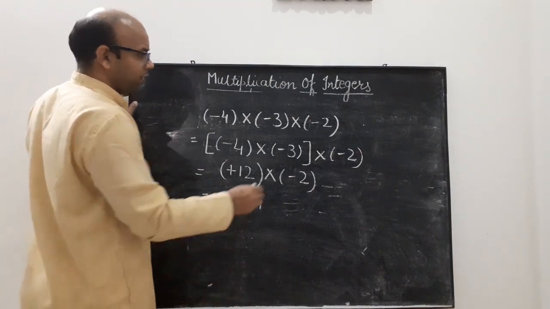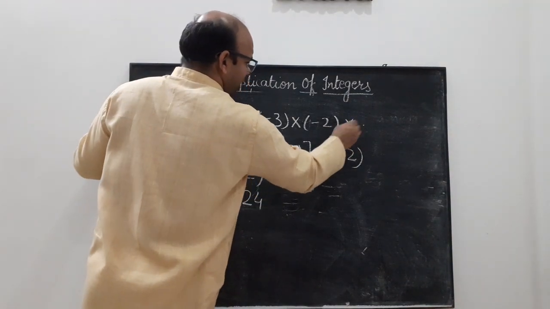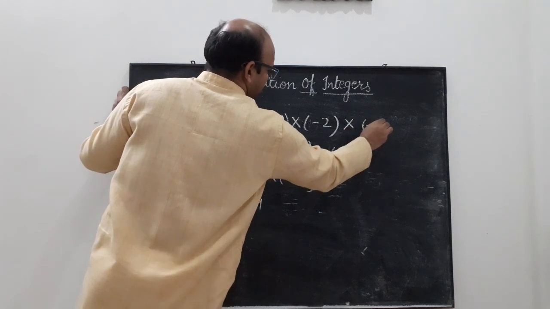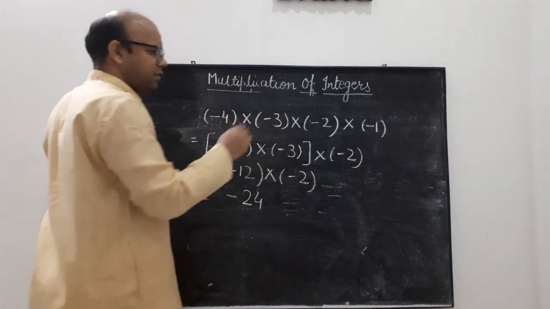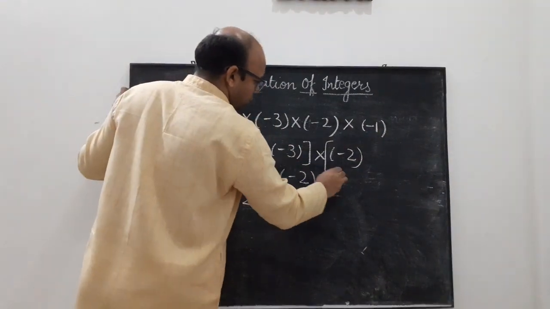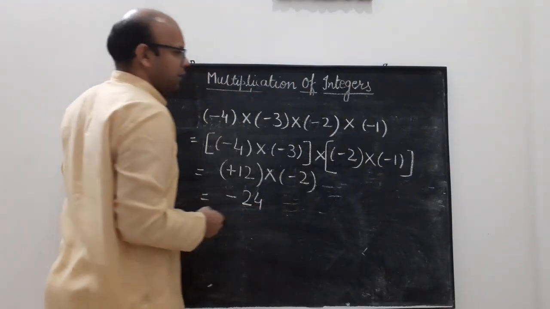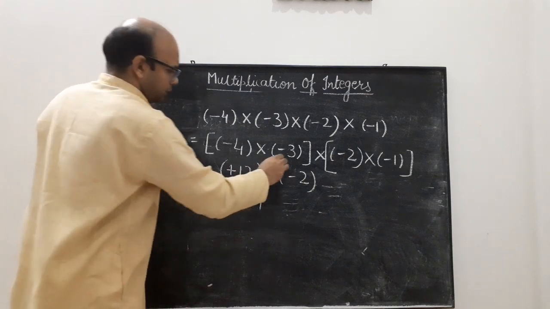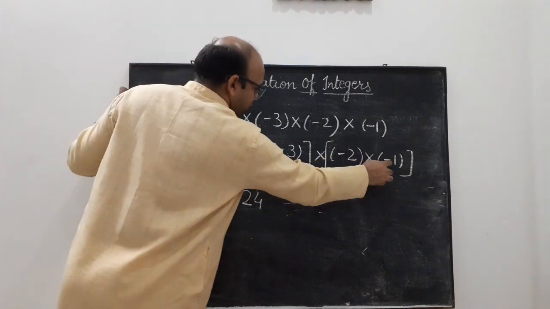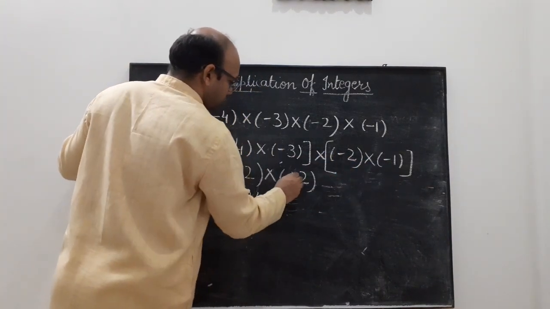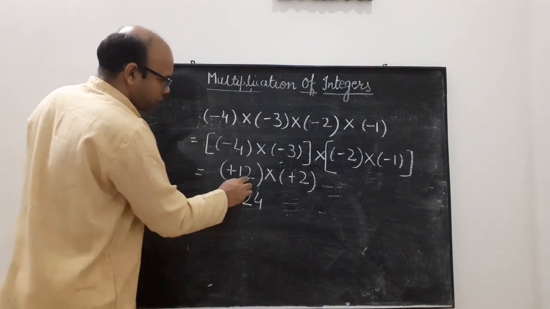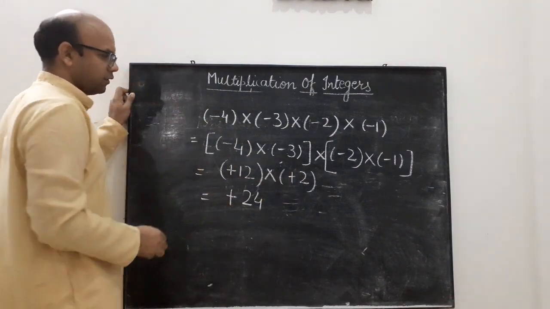Now what will happen if I am multiplying it with, say, another negative integer? Say for the sake of simplicity I am taking, say, minus 1. So I again take the pair over there. Multiply these two. Minus 2 cross minus 1 is plus 2 and 12 cross 2 is 24.